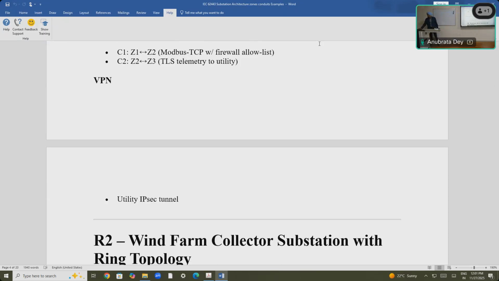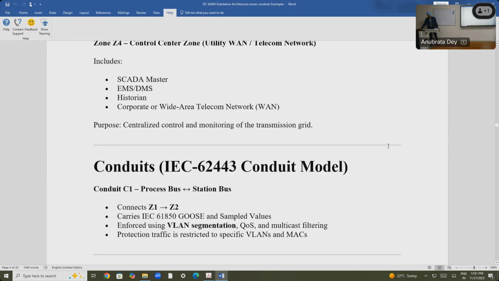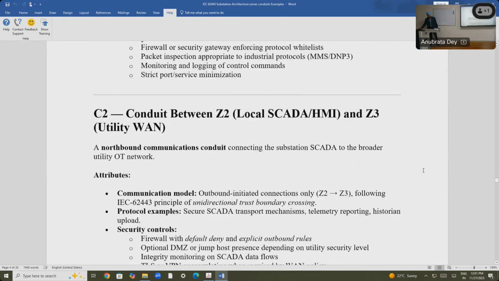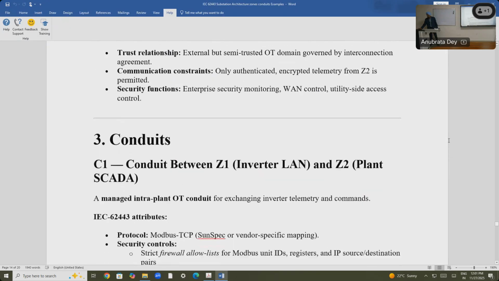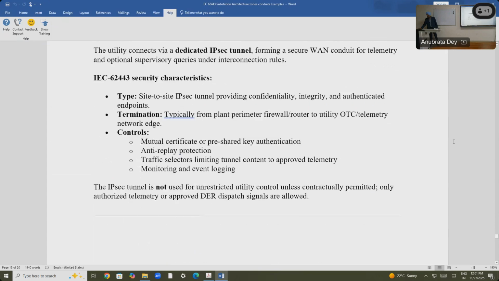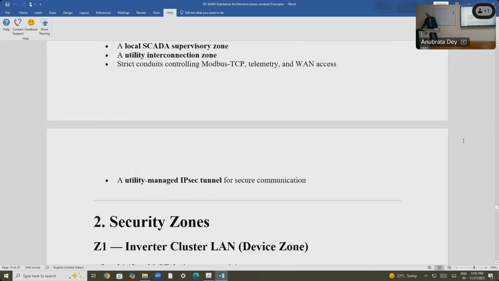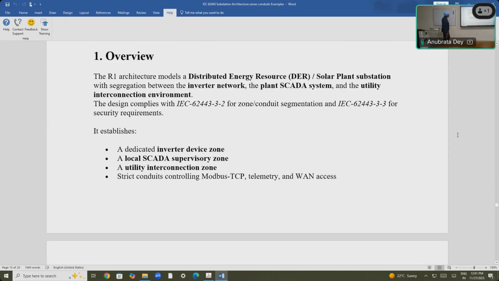So let's look at a little bit more detail of that one. Obviously we are all talking about this standard when we talk about zones and conduits.